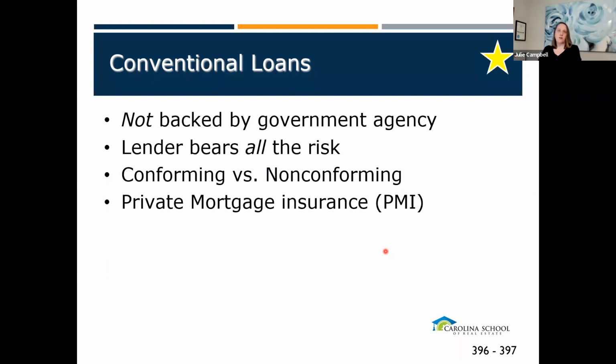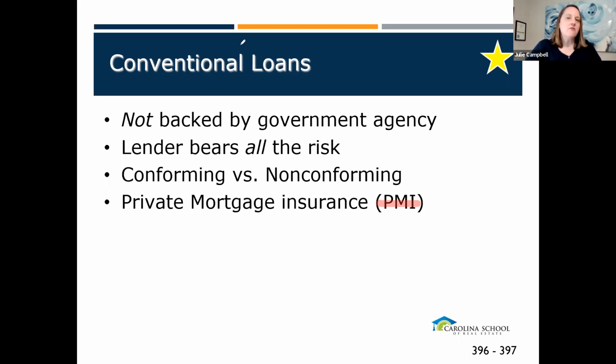That all affects the lender's bottom line. And one thing the lender may do to protect themselves is charge PMI, also known as private mortgage insurance. That's how they can help alleviate their risk.